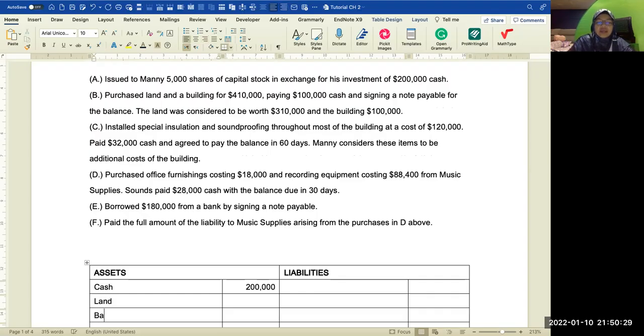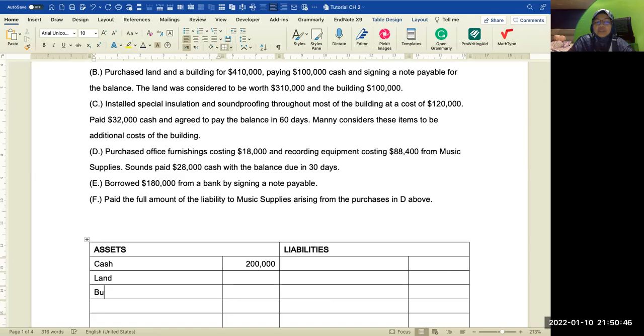Because the last sentence says the land was 310 and the building 100,000, you break up the account into two accounts. One is the building and the other one is land.